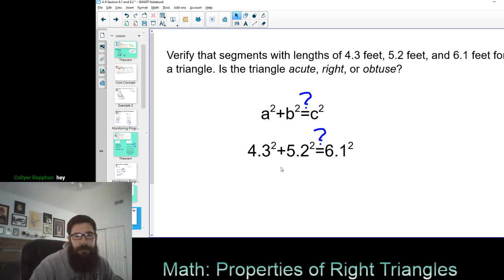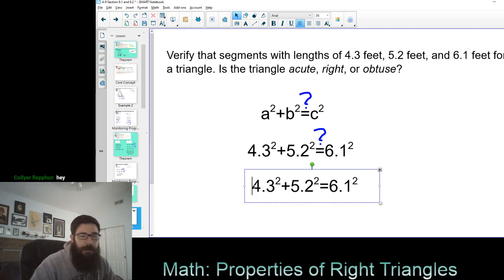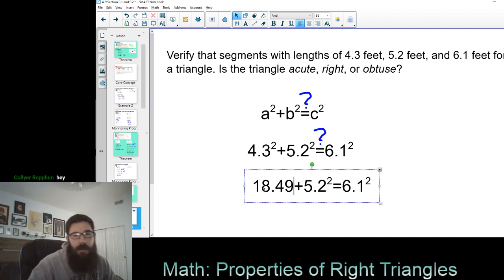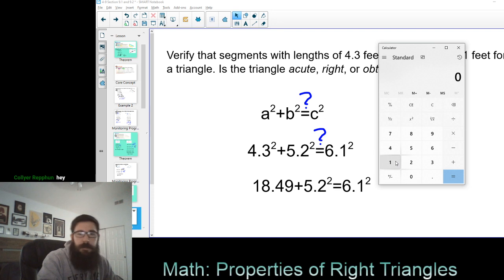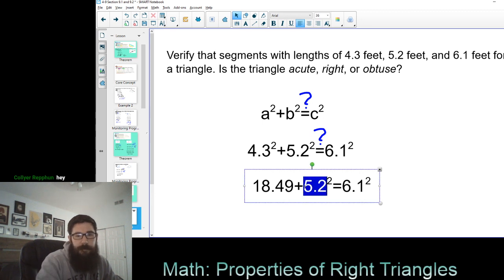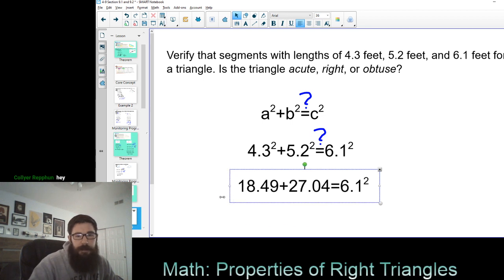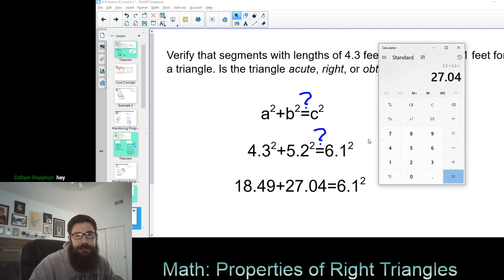Oh, okay, 18.49. Calculator, again, no problems with it. So I'm going to put an 18.49. What's 5.2 squared? Go back to our trusty calculator. Just doing 5.2 times 5.2, that's all it is. 27.04. Is that going to be equal to, well, we got to figure out what 6.1 squared is.